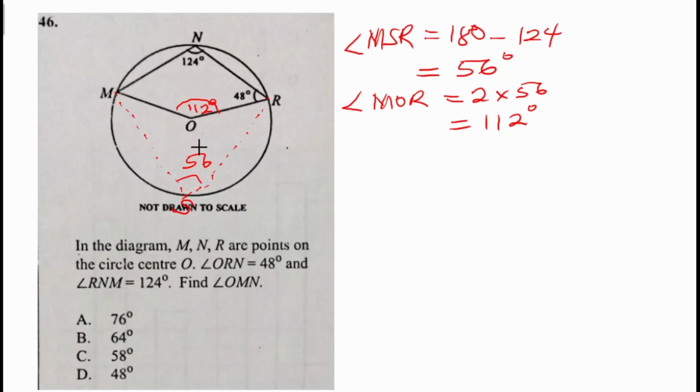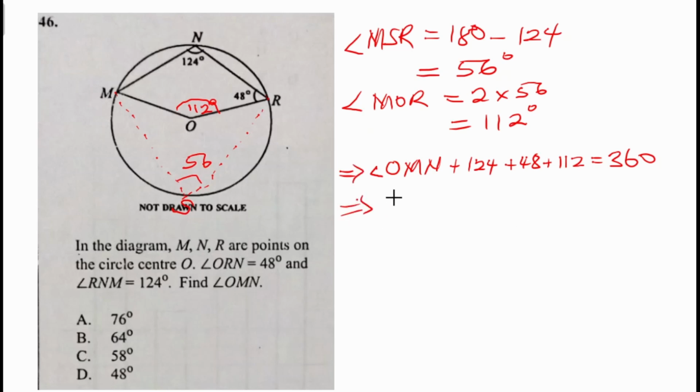And again, we know that the sum of interior angles of a quadrilateral is 360 degrees. So that means that angle OMN plus 124 plus 48 plus 112 should be equal to 360 degrees. Again, this is the sum of interior angles of a quadrilateral.